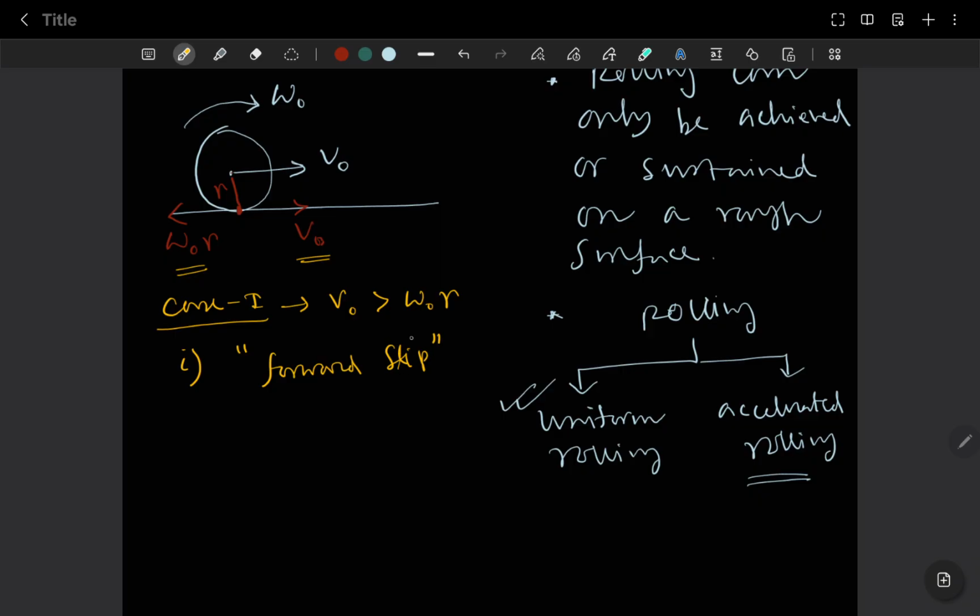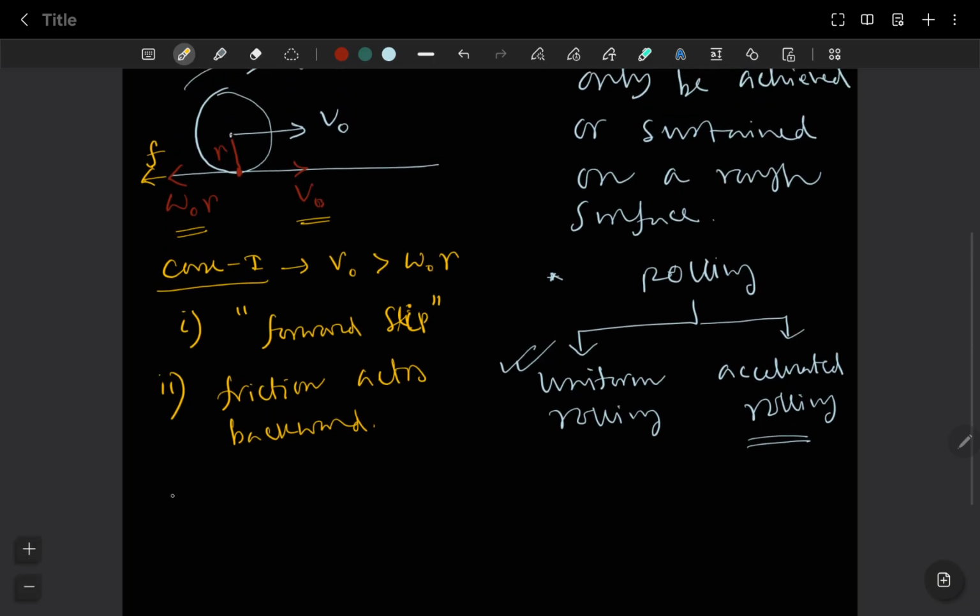As this point slips in the forward direction, friction acts backward. Now you see friction is acting against the translational motion, so there will be a translational retardation.